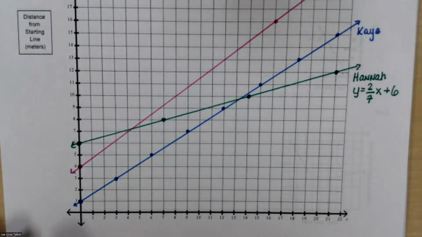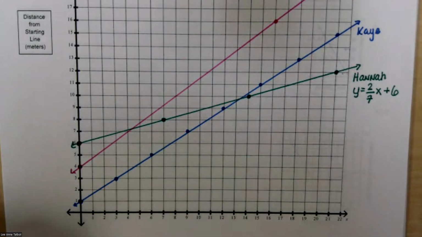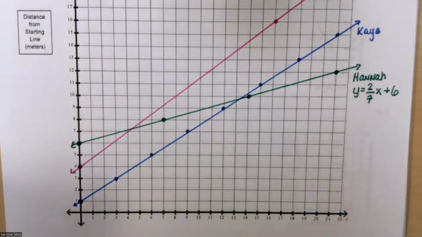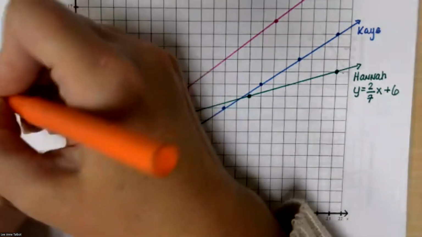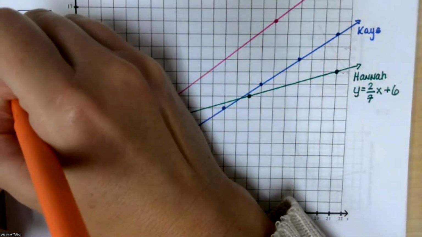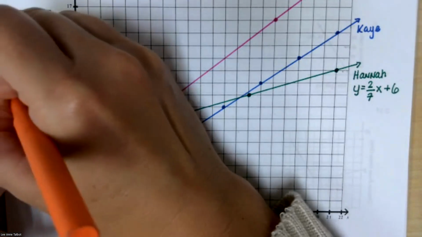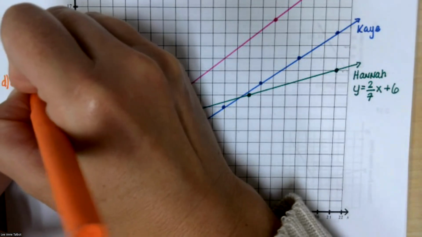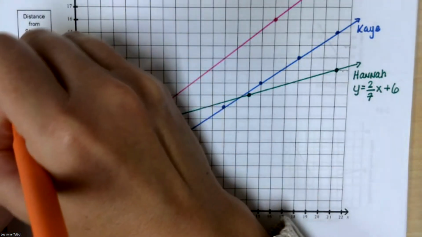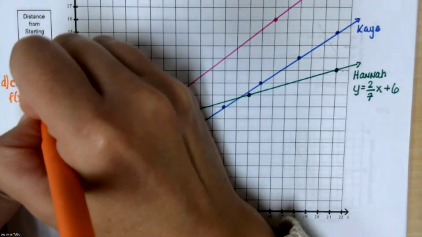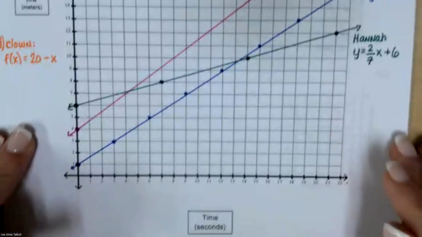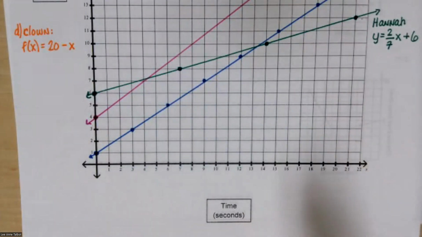Okay, what happened? What did this clown do? No. Okay, hold on. Let me write it down first. Maybe it'll make more sense. I actually like your answer much better because watching him ride 20 meters per second would be great. That would be awesome.